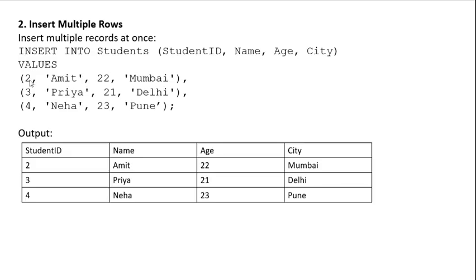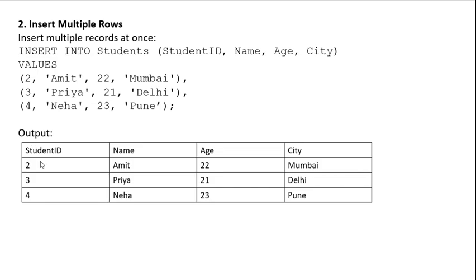Inside brackets give student ID 2, name Amit, age 22 and city Mumbai. Close the brackets and put a comma, then another bracket with student ID 3, name Priya, age 21 and city Delhi. Close the brackets and a comma, then the fourth record in brackets with Neha, age 23 and city Pune. Close the brackets, and write another record the same way, and after the last one give the semicolon.